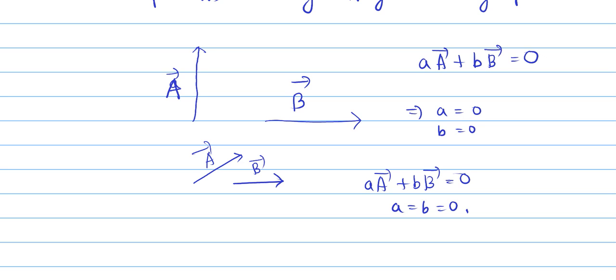If the set of vectors is linearly dependent, it is possible to write any member of the set in terms of the others.